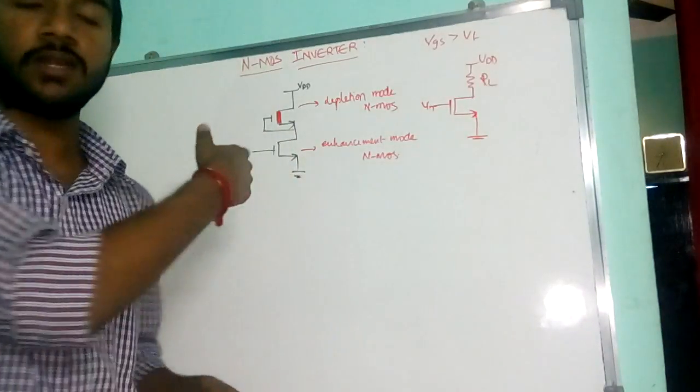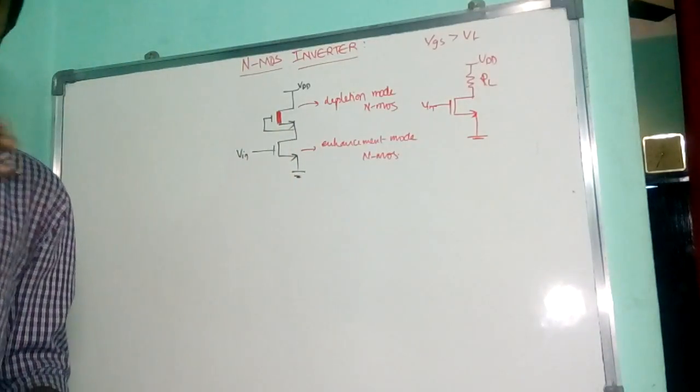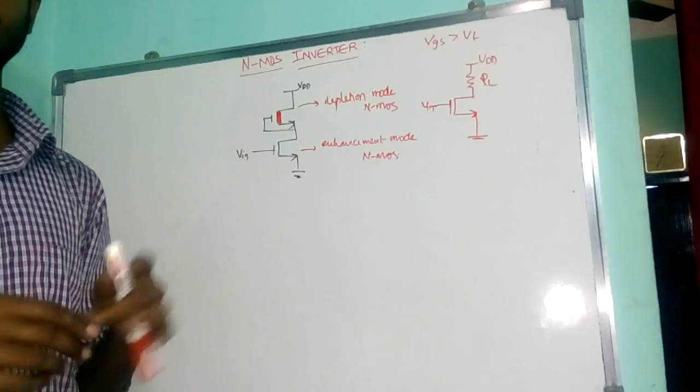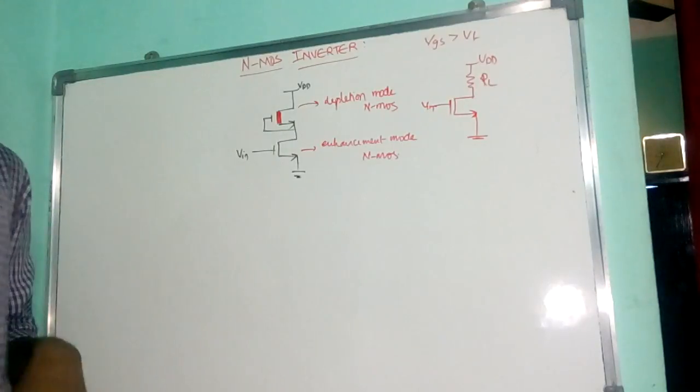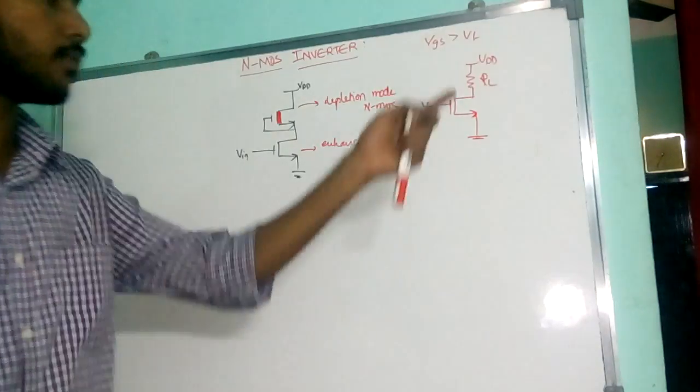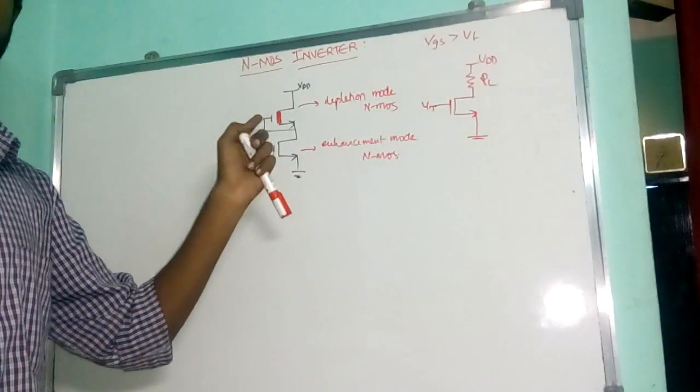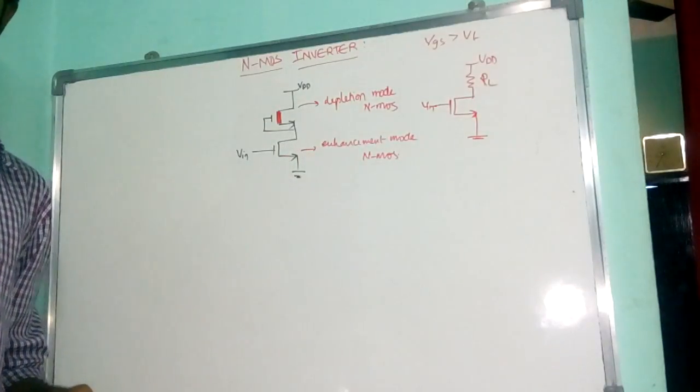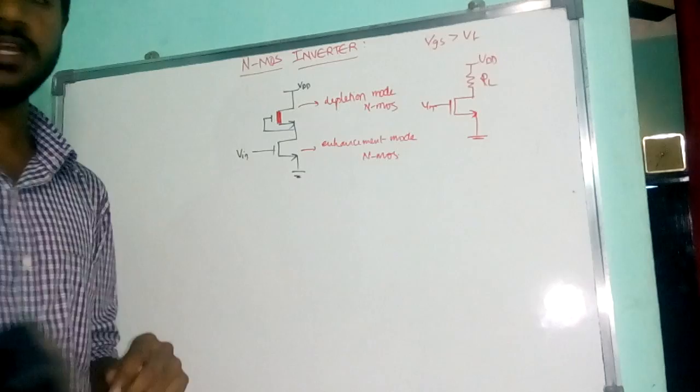We use a depletion MOSFET which is always on and acts as a resistive network in this NMOS inverter. Due to size priorities we use this depletion mode MOSFET as a resistive network in the NMOS inverter.